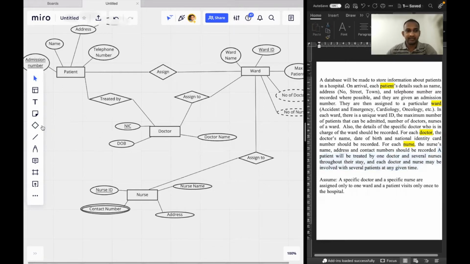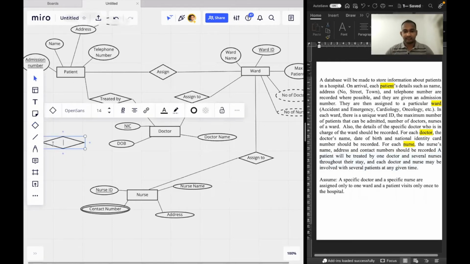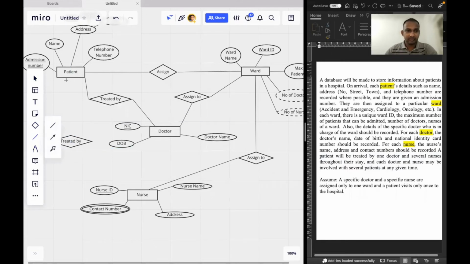So we can draw it likewise. Treated by nurse.